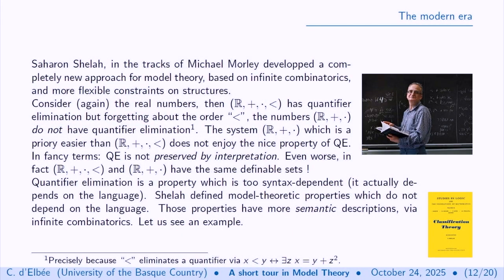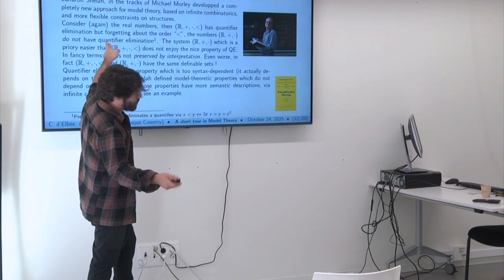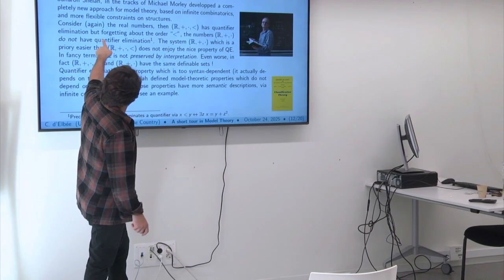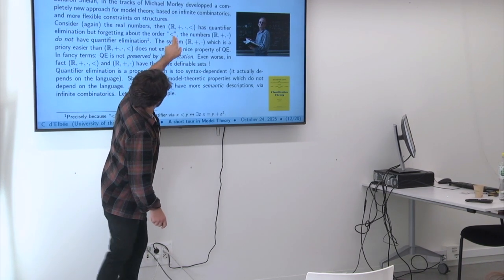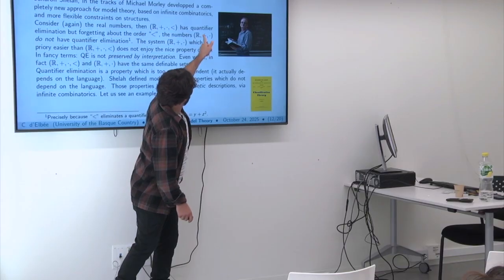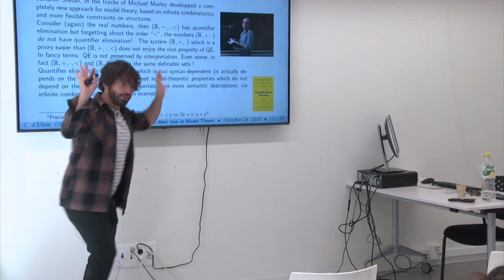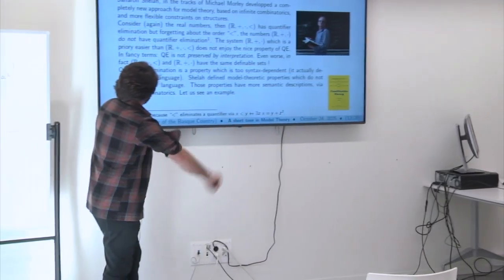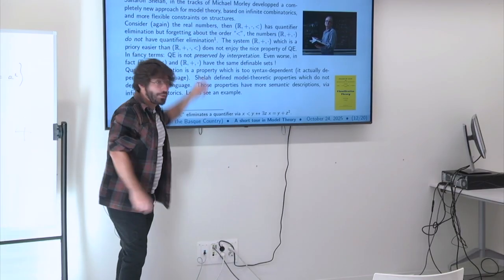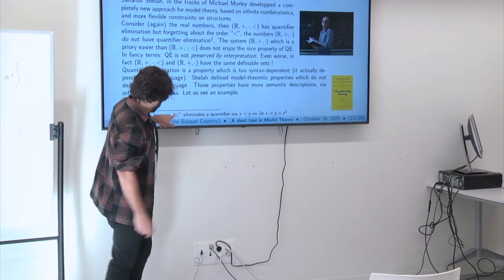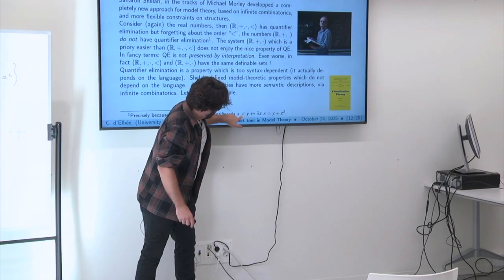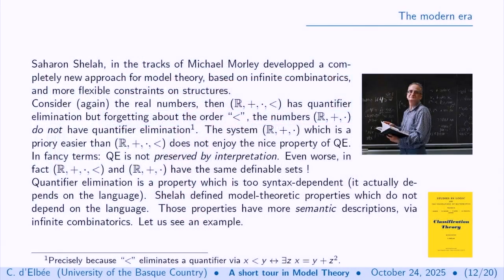So let's go back to our working example, the line. I mentioned that it has quantifier elimination, which was proved by Tarski. But if you forget about the order, and just consider plus and times, we do not have quantifier elimination, because you can write this, which is equivalent to this.